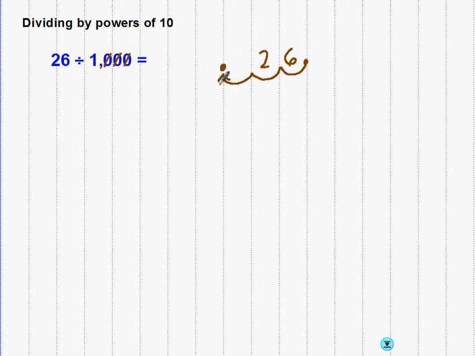Puts our decimal point right here, and we need to fill in this place with a 0, and we want to put a leading 0 here to the left of our decimal point. And then let's just go ahead and bring this number on down. Bring down the 0, bring down the decimal point that we moved over here. And this decimal point we've moved, so we're not going to include it.